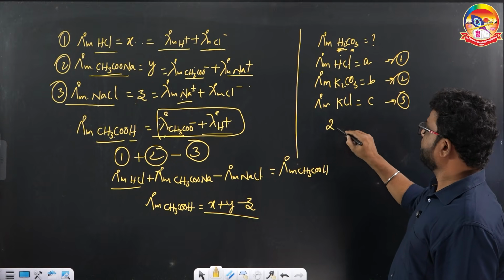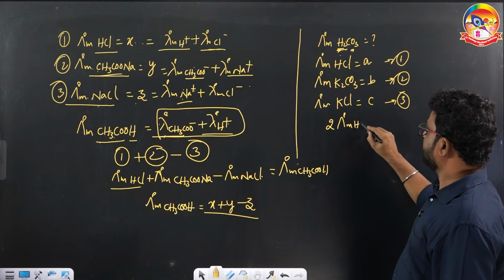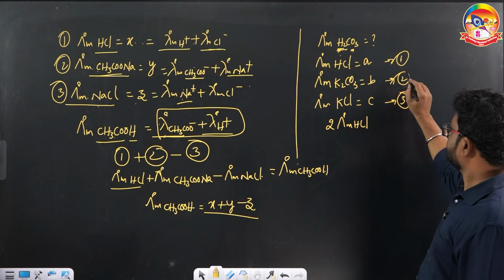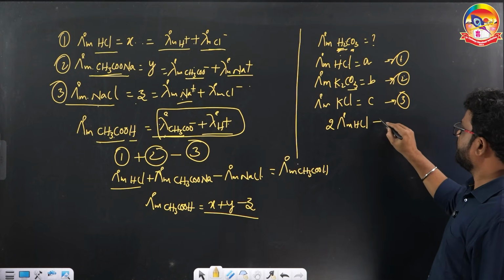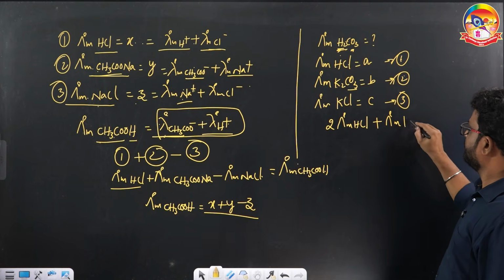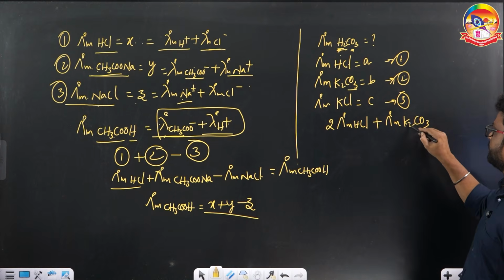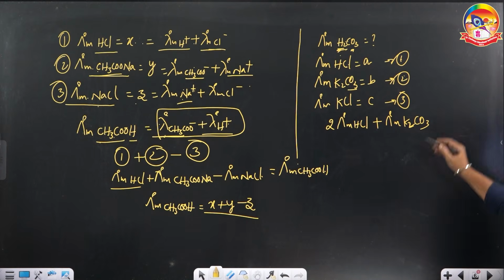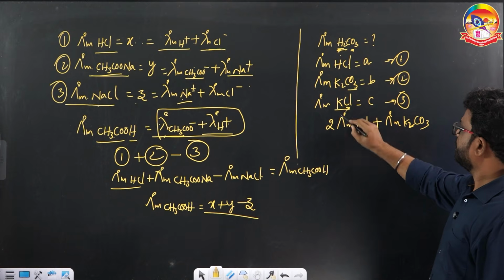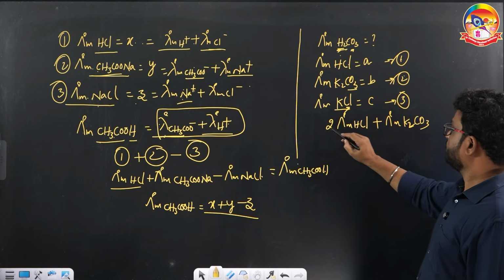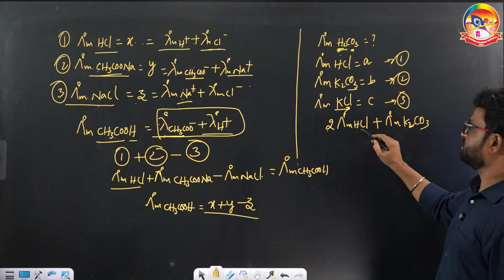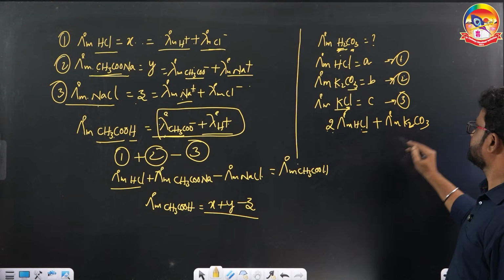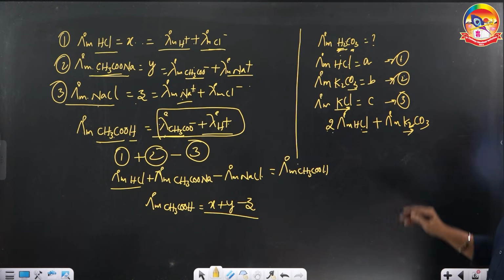So I will take 2 into lambda naught m of HCl plus 1 carbonate. So I will take directly lambda naught m of K2CO3. But actually I took 2 into lambda naught m of HCl. That means there are 2 chloride ions and 2 K plus ions which should be removed.